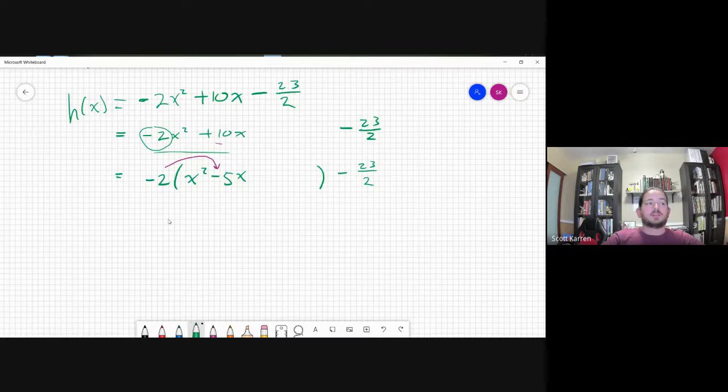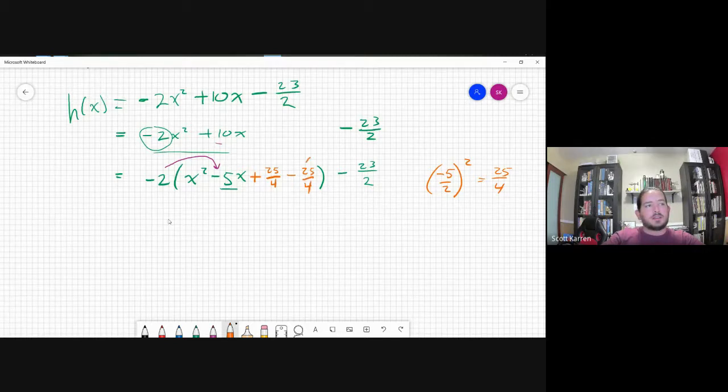But I can complete the square here, but that number is not divisible by 2, so I get this -5/2. I can't simplify that, but I end up squaring that to give me 25/4. That's what I want to add here. And then I also have to subtract it, otherwise I'm changing the function.